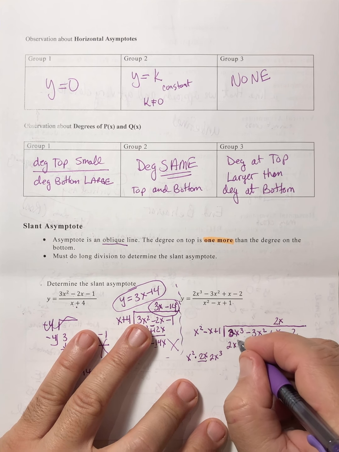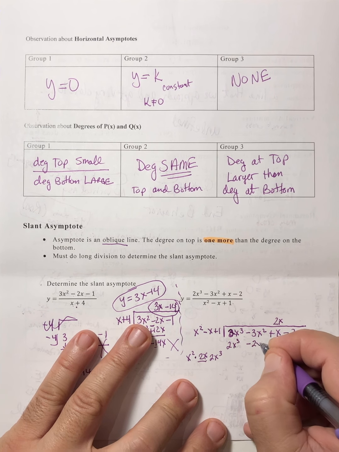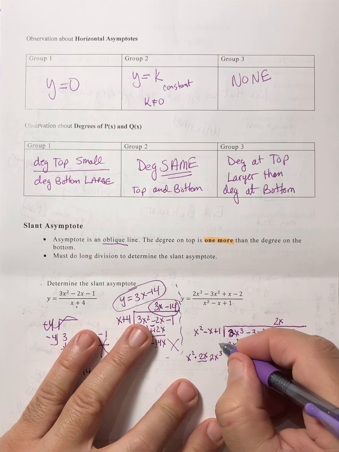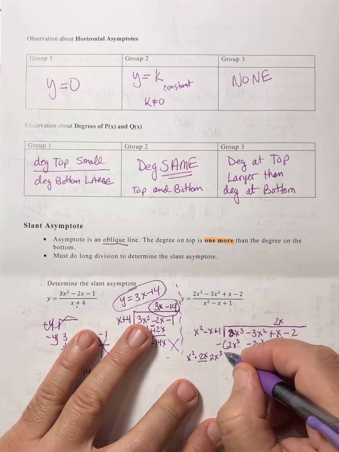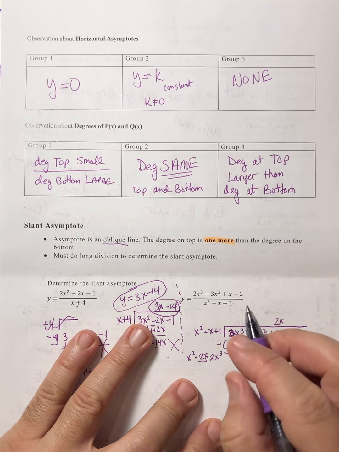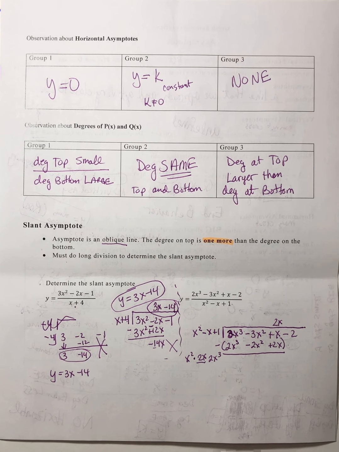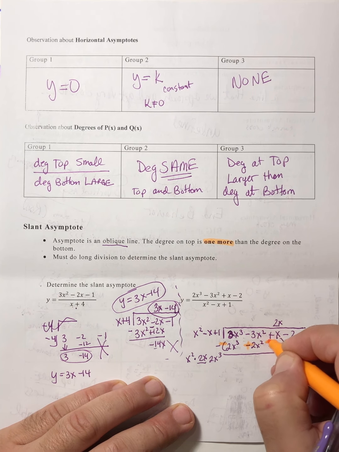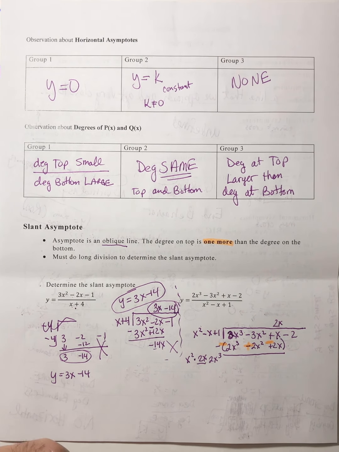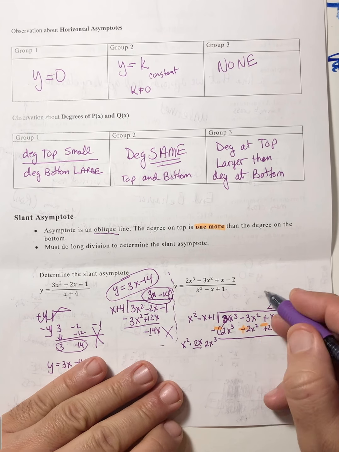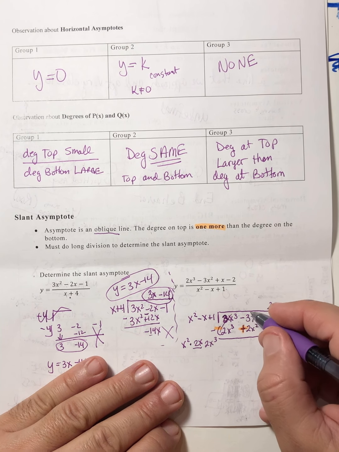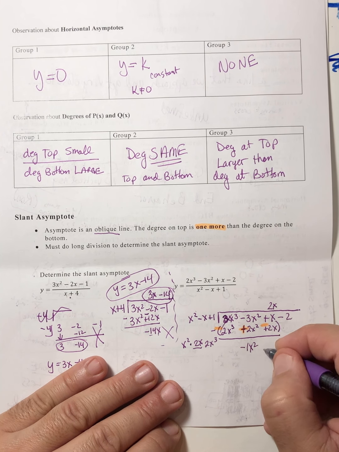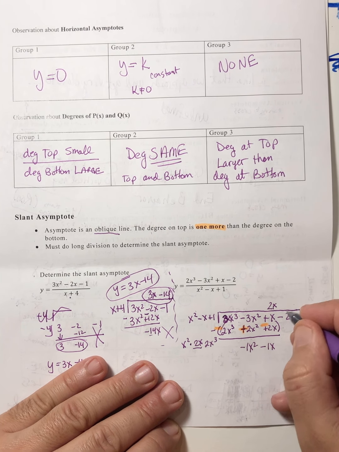So it's 2x to the third minus 2x squared plus 2x, and when we subtract, that's right, you got to change all your signs. So minus, plus, minus, cancels. This is a plus right here, so we had negative 1x squared. That's a minus, so minus 1x, and then I bring down the minus 2.